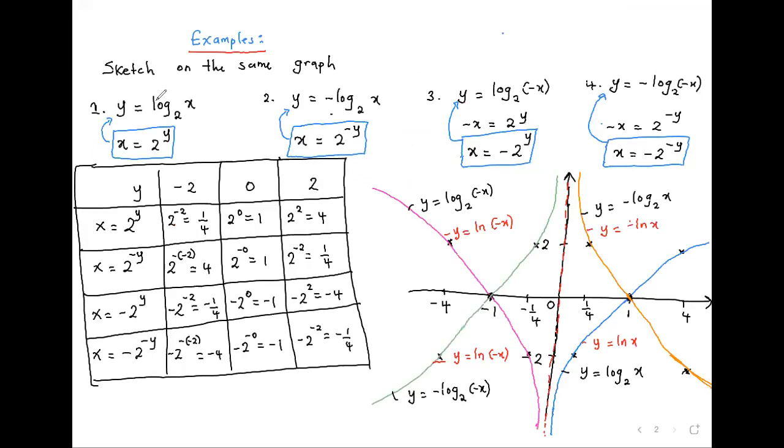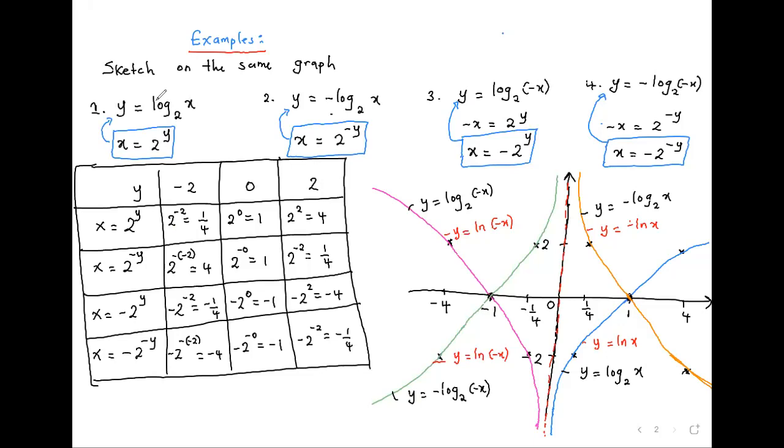So we are saying we would have done the same work without specifically indicating -2 and 2 if we were asked to sketch y is equal to ln x. We'll still draw the curve that looks like y is equal to log 2 of x.